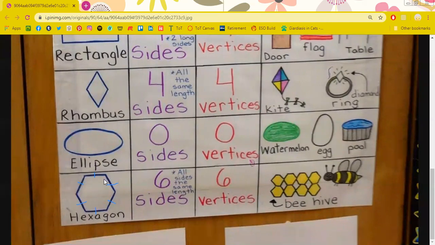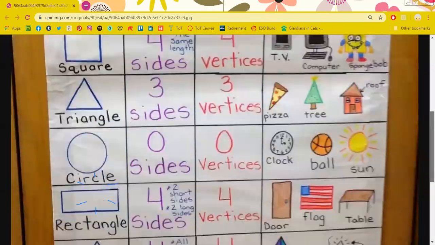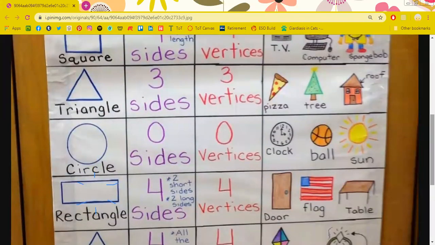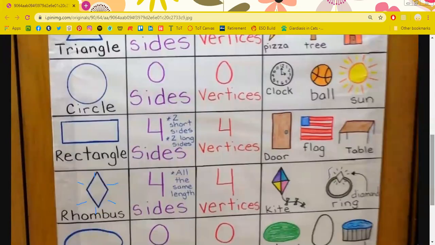I want us to think before we count these corners. What have we noticed about all these other shapes? Squares have 4 sides, 4 vertices. Triangles have 3 sides, 3 vertices. Circles have 0 sides, 0 vertices. Rectangles have 4 sides, 4 vertices.